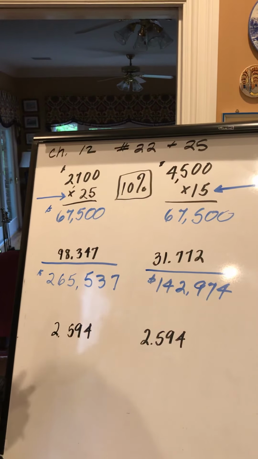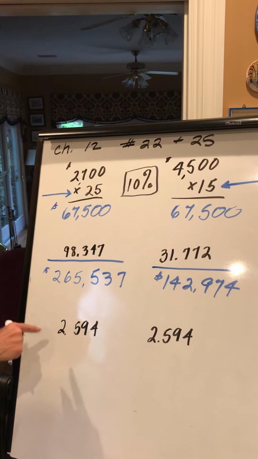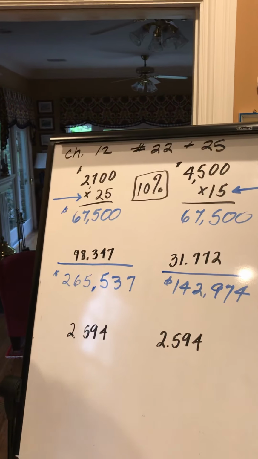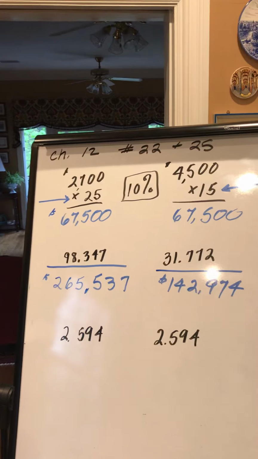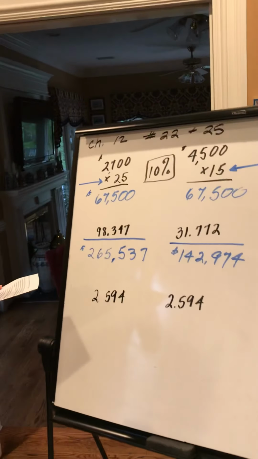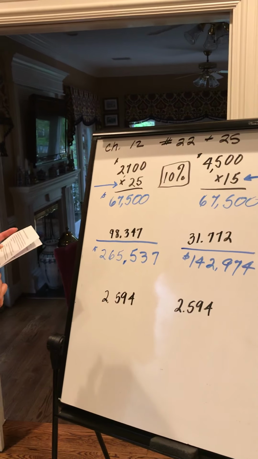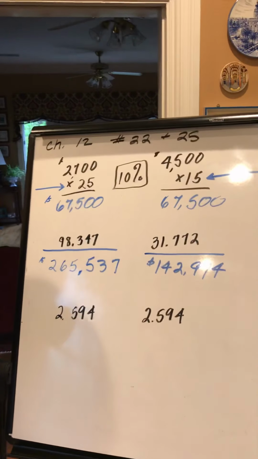Last part of this problem. If this person lets this money sit, doesn't put in any more investments, but lets the money sit there for, let's see, how many more years? I think it's 10. If you let the savings continue to grow for 10 more years, what will it be worth?